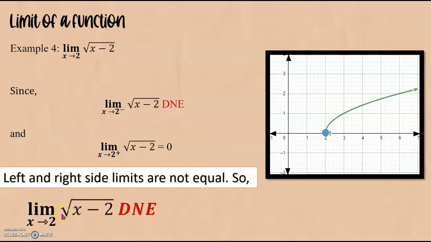Meaning to say, the limit of the square root of x minus 2 as x approaches 2 does not exist.